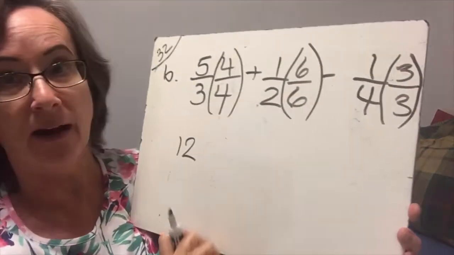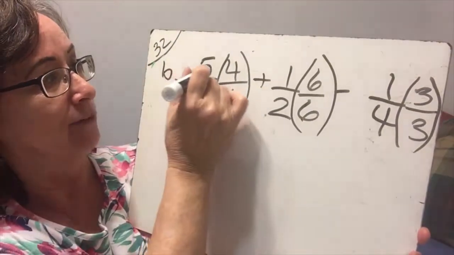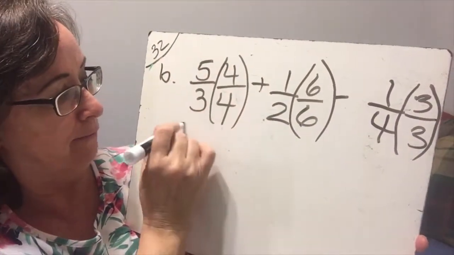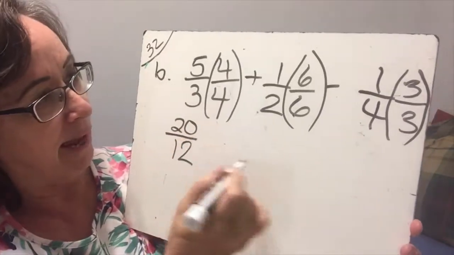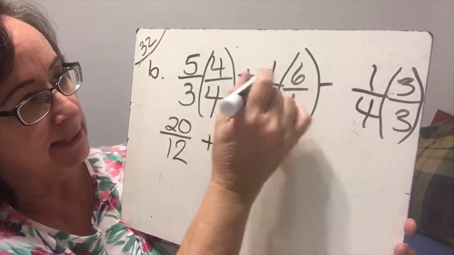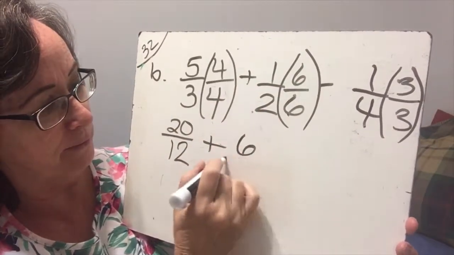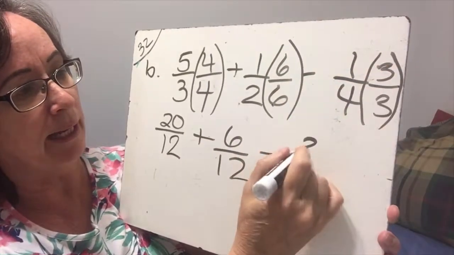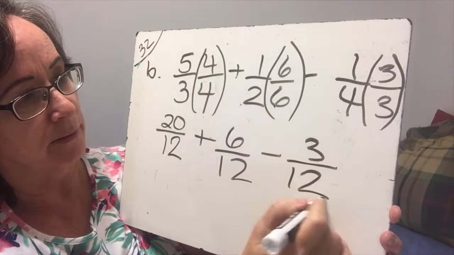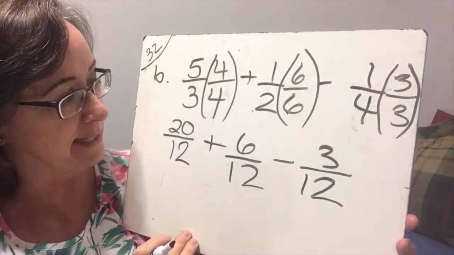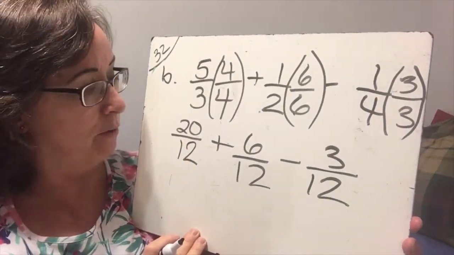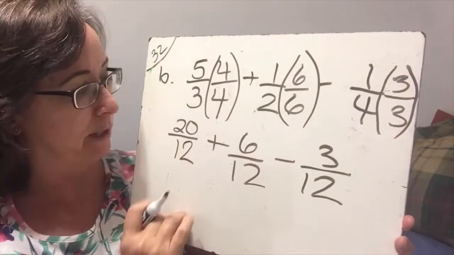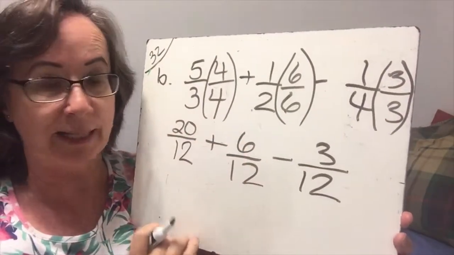Okay, so now let's go. We have 20 over 12 plus 6 over 12 minus 3 over 12. And all of the denominators are the same. Therefore, I'm all ready to just add the numerators. 20 plus 6 is 26.